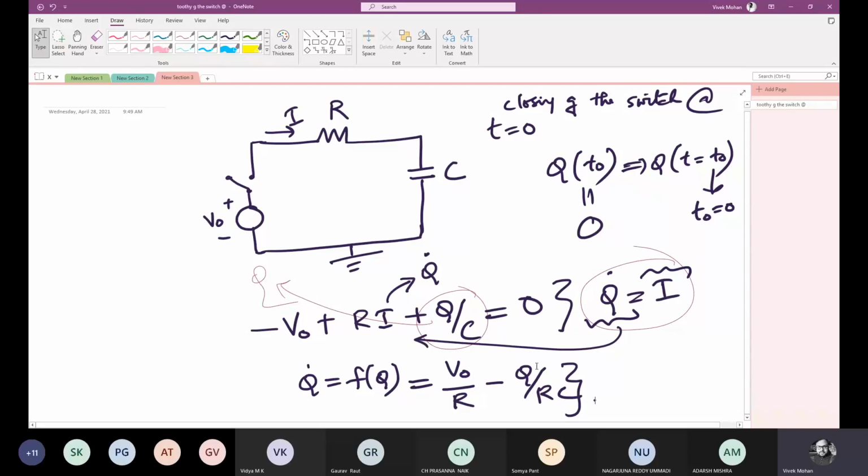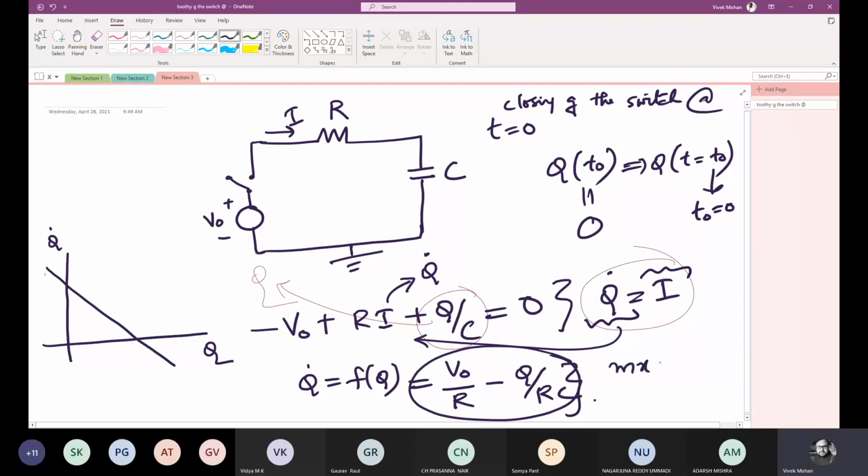Now I want to sketch the trajectory. This is q dot, this is q. The graph of f of q is a straight line, because this equation looks like mx plus c.